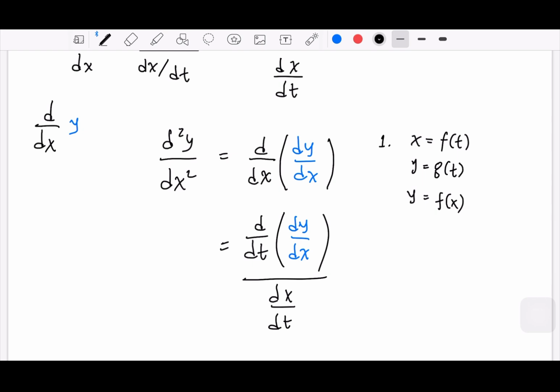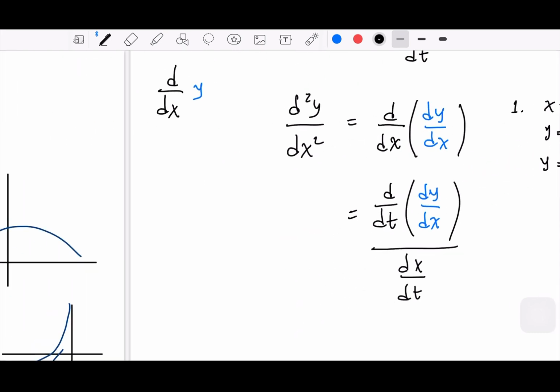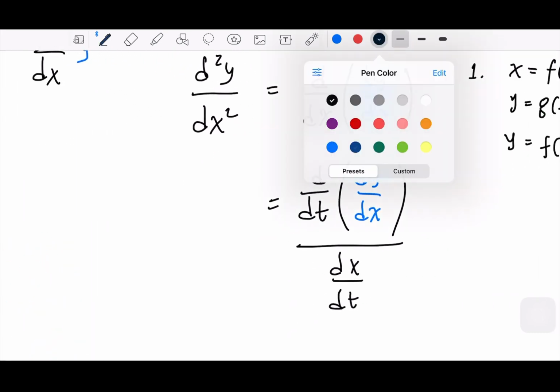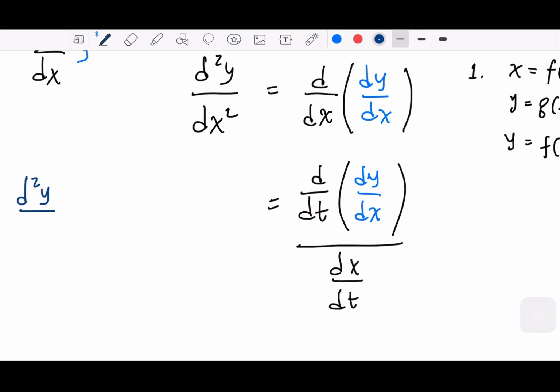Because y is also a function of x, we need to do this procedure slowly, not making a conclusion that this is different from this. This is not the same.